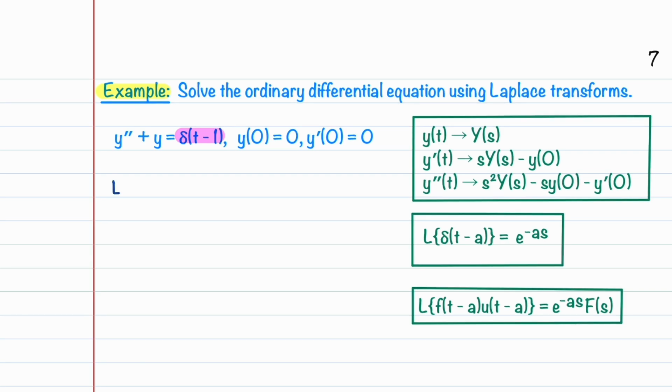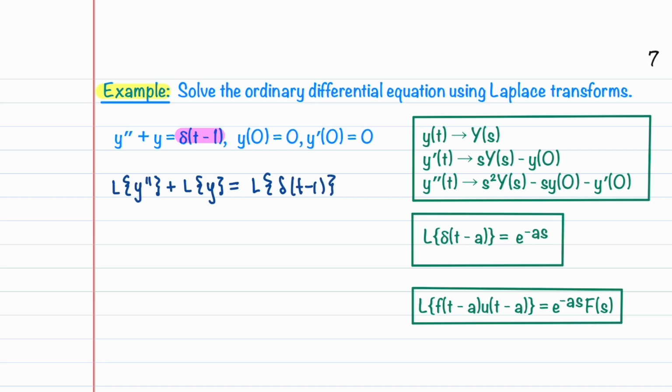We have the Laplace transform of y double prime plus the Laplace transform of y is equal to the Laplace transform of delta of t minus 1.